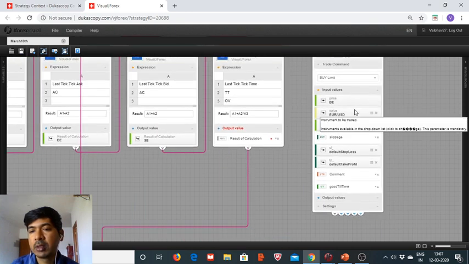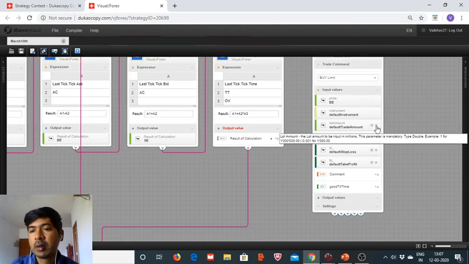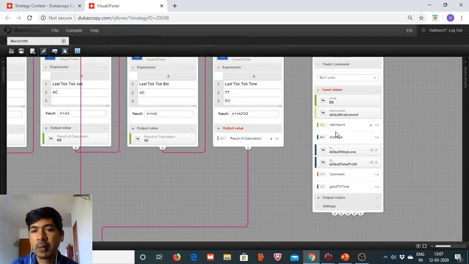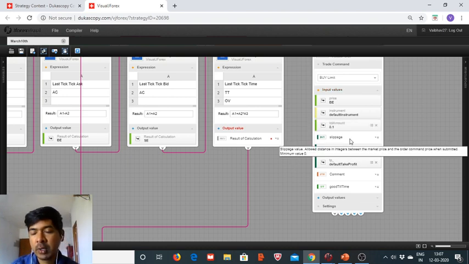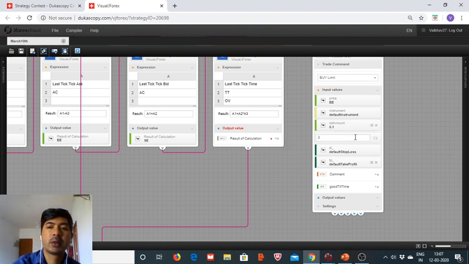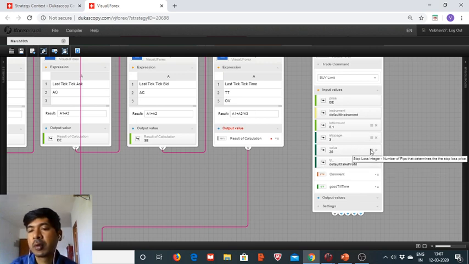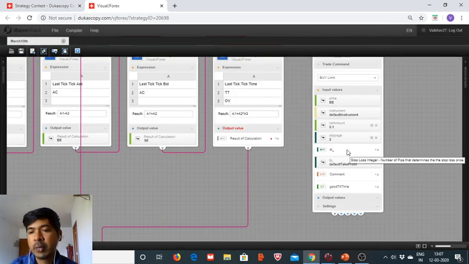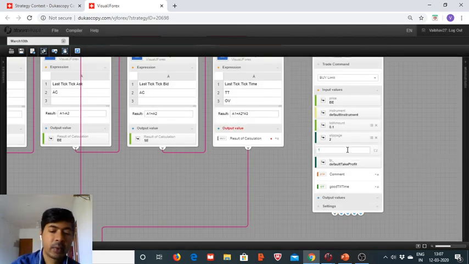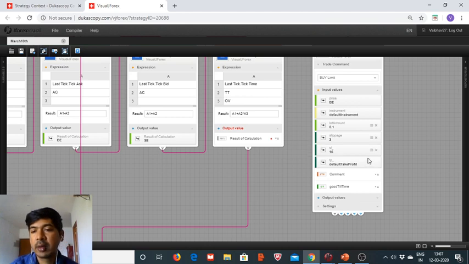We will change this default amount to 0.1 million. Slippage, I guess 2 pips slippage is more than good enough for the EUR/USD. Default stop loss can be kept at around 15 pips, and the take profit will be 25 pips.